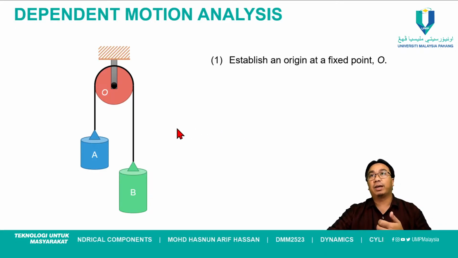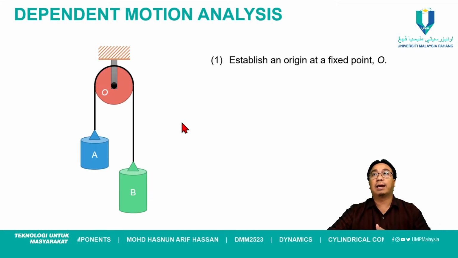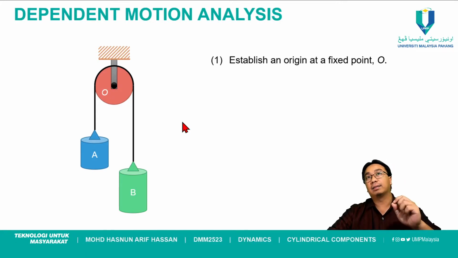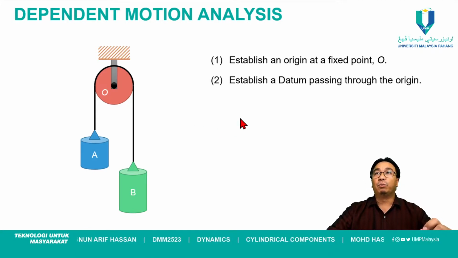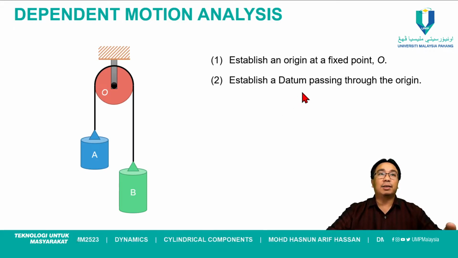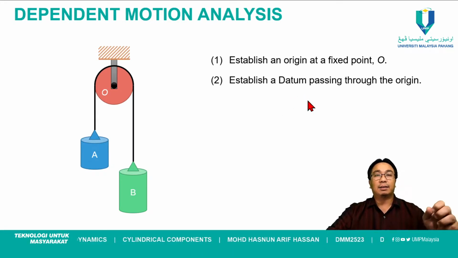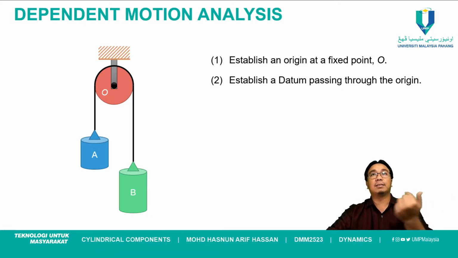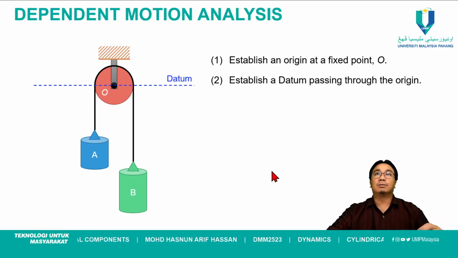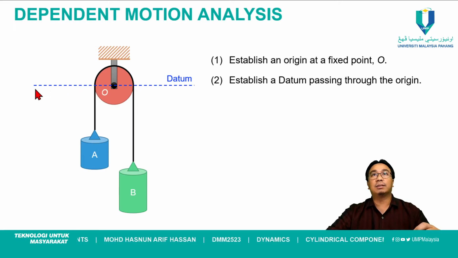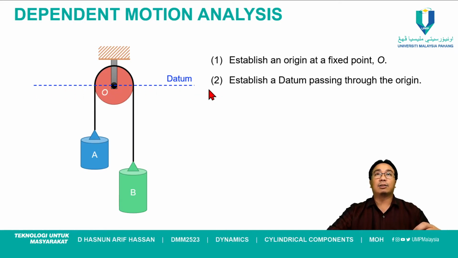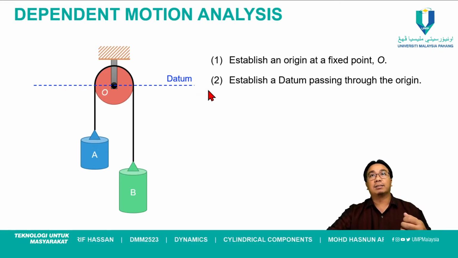Okay, once we have established the origin at the fixed point, kita namakan dia O, we will establish a datum. Datum ni apa? Datum ni ialah satu reference line. Reference line ni mesti passing through the origin tadi. So in this case, we will establish a reference line, ataupun normally dalam buku semua dia panggil sebagai datum.